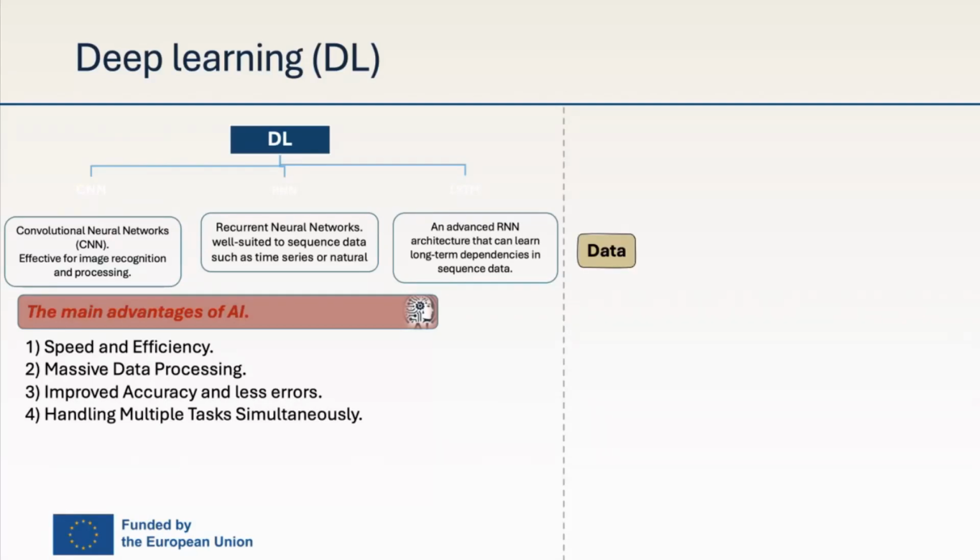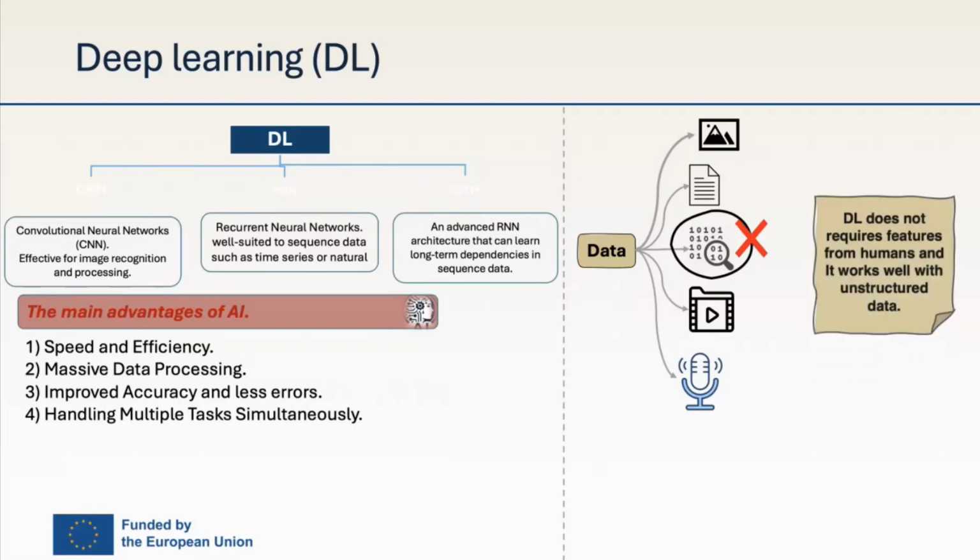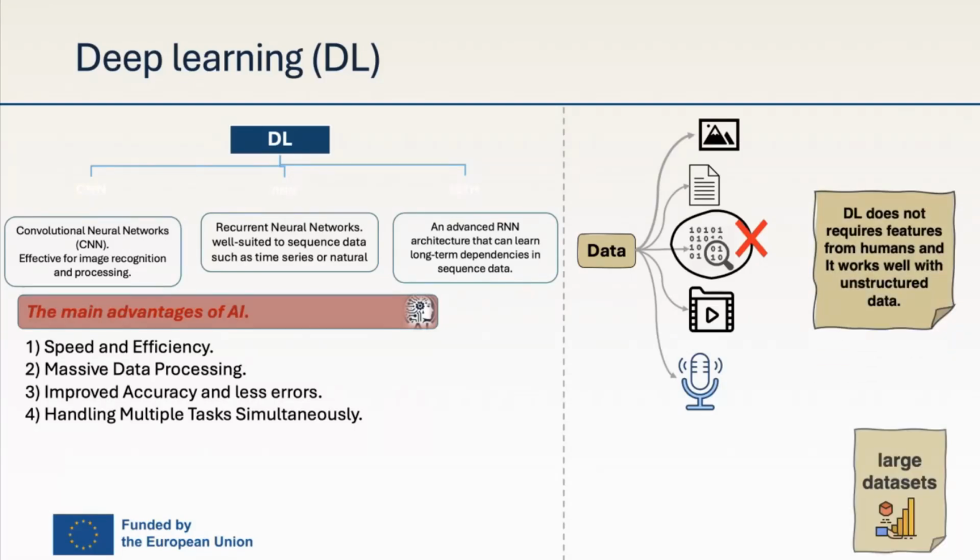According to the type of data that deep learning can deal with, we can deal with images, audio, and video, and it's not perfect for numerical data. In deep learning, we don't need to extract the features by ourselves; it is done by the model itself.